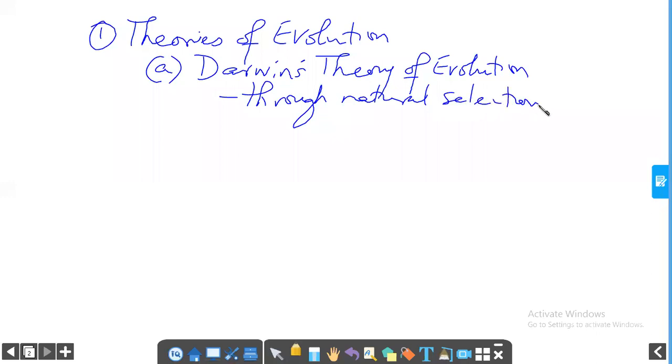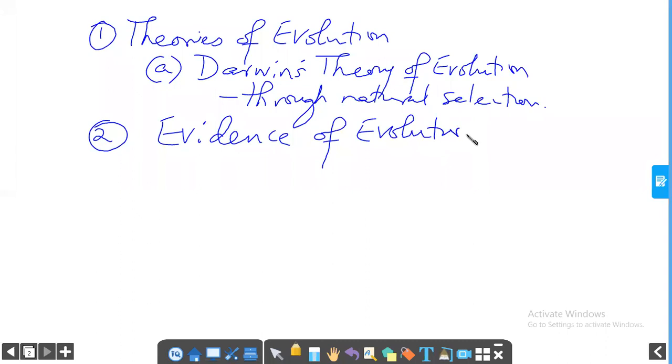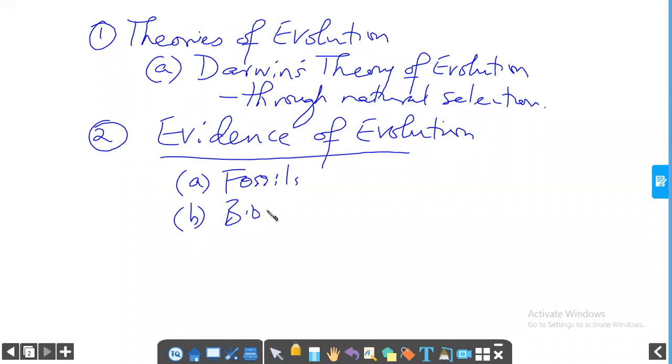Then we have begun to look at the evidence of evolution. The first evidence was fossils, and the second evidence now is biogeography. And then C, D, etc.